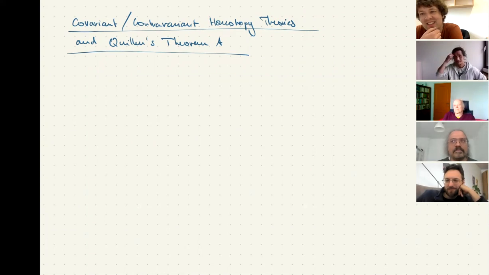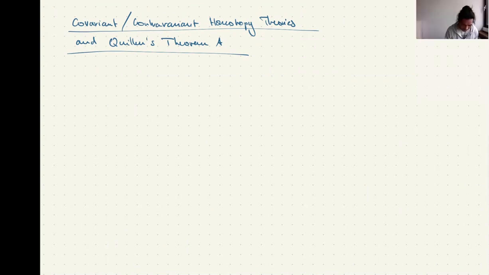Right. So I want to talk about these covariant contravariant homotopy theories and how they are related to Quillen's theorem A. And the idea is the following. Suppose we have a locally presentable category C, and we have a functorial cylinder object on this.